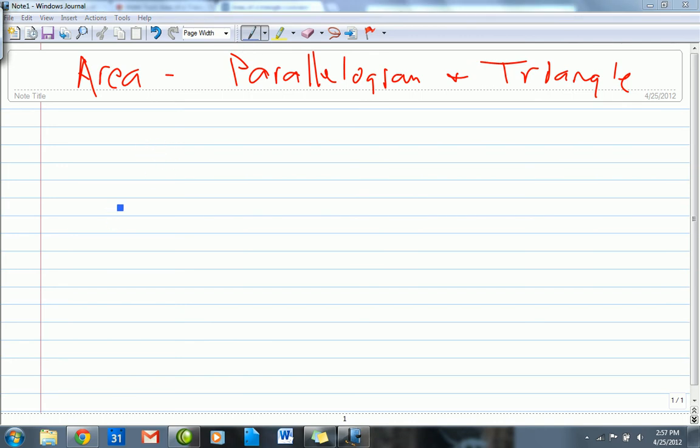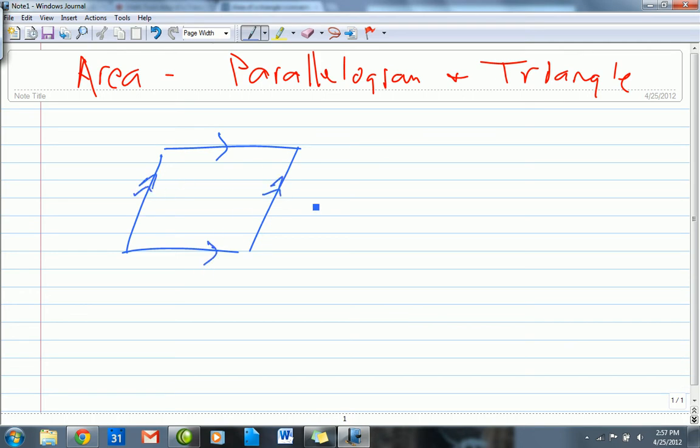Okay, so to summarize, here's what we're looking at for a parallelogram. Here's our parallelogram. And remember, by definition, you've got parallels and parallels. You also have congruence by property. But the area of this guy is 1/2 base times height. And the base is this blue piece. The base could be either, really. But the height is all relative to the base.